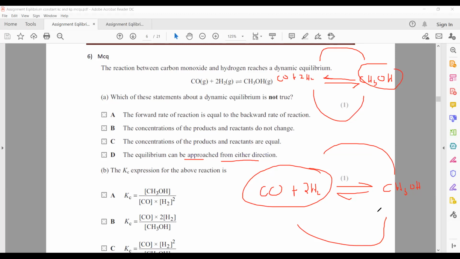It means if I start with the original reactant, a time will come when I reach equilibrium. If I start with the formed product, a time will come when they will reach equilibrium. That's the meaning of equilibrium can be approached from either direction. Is it clear?